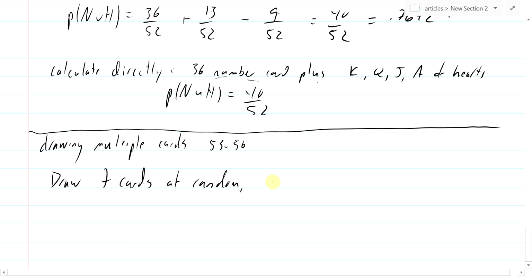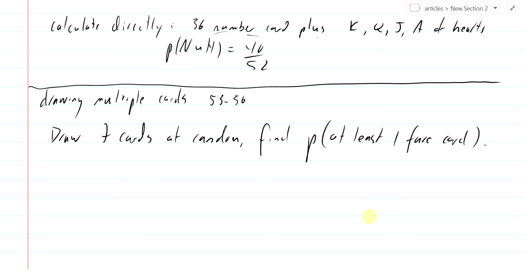And what's the probability of at least one face card?